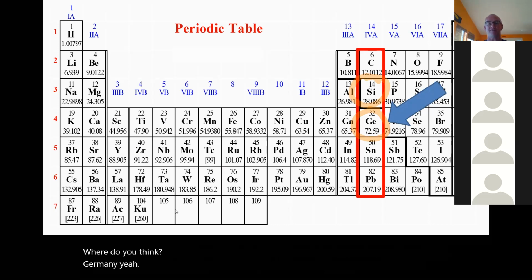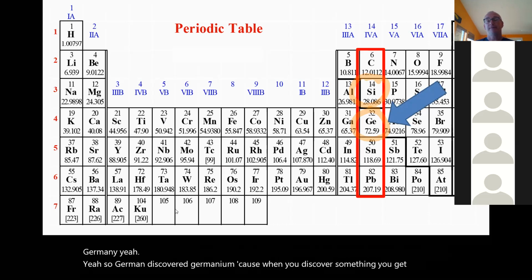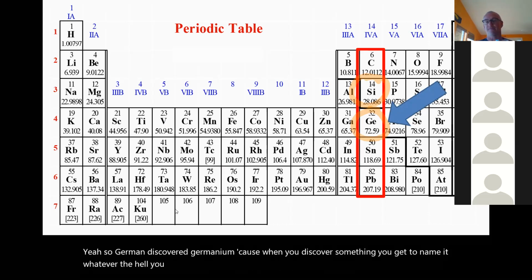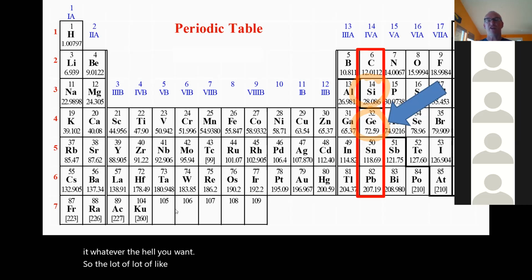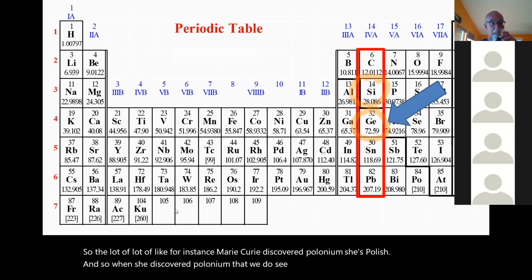Yeah, so a German discovered germanium. Because when you discover something, you get to name it whatever you want. For instance, Marie Curie discovered polonium. She's Polish, and so when she discovered polonium, that's what she decided to call it.